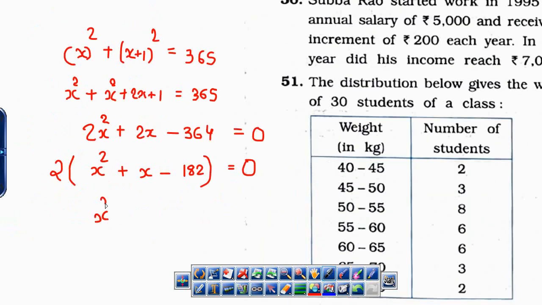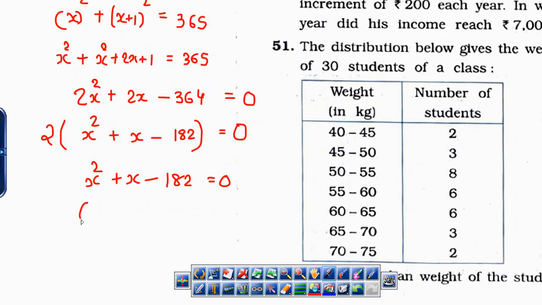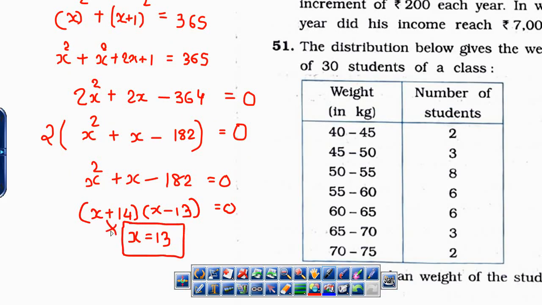Now you will do middle term splitting. टेक्स्ट बुक सम्स के सारे मिडल टर्म स्प्लिटिंग चैप्टर 3-4 के या पॉलिनोमियल के बाय हार्ट होने चाहिए. और 182 13 और 14 से आता है, वो मुझे याद है. Therefore the splitting will be x plus 14, x minus 13 and therefore x is equal to 13 is the final answer. नेगेटिव नंबर नहीं चाहिए.